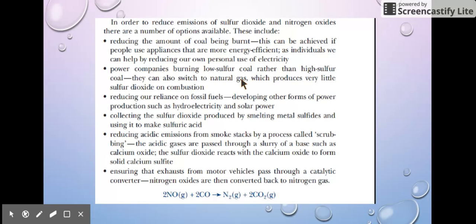Australia lost a lot of market to China because our coal was far too high in sulfur. Okay, reduce reliance on fossil fuels. So if you've got more things like hydroelectricity or solar power or windmills, then you don't need a fossil fuel to produce your electricity.